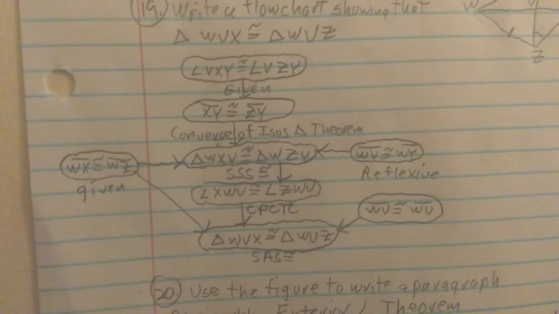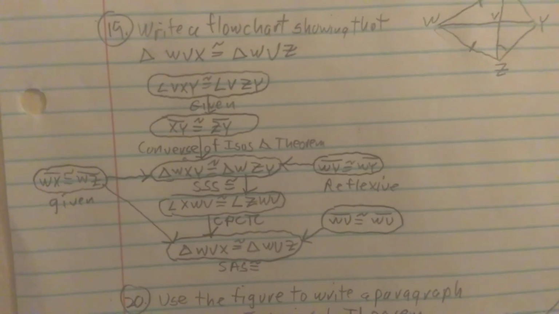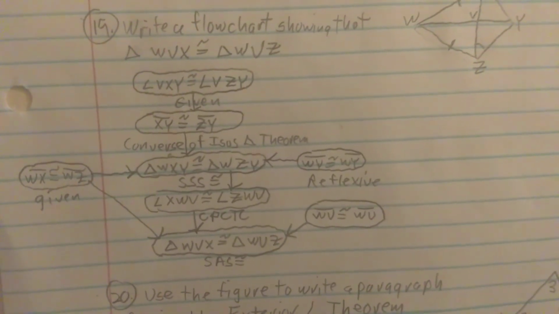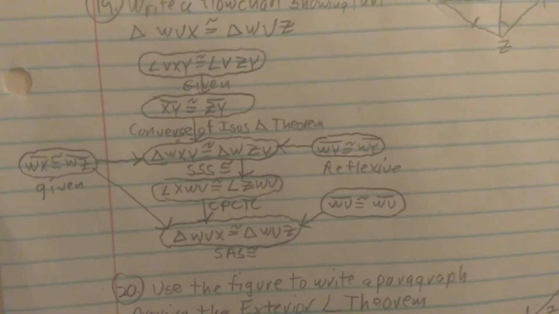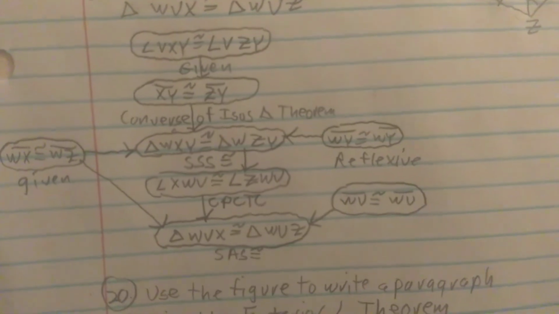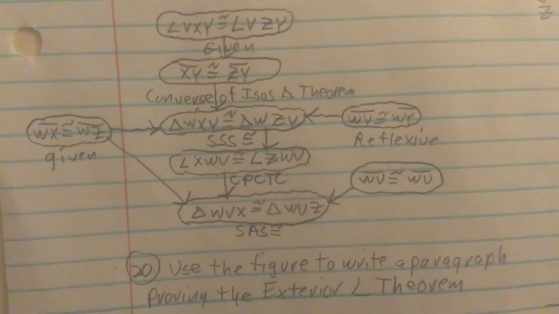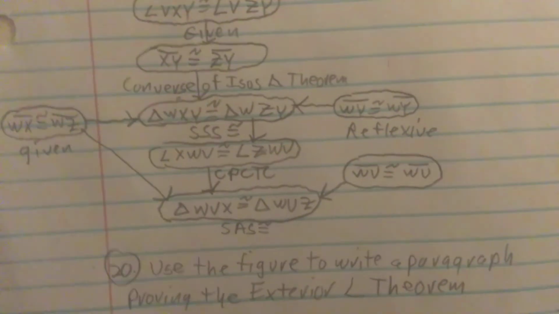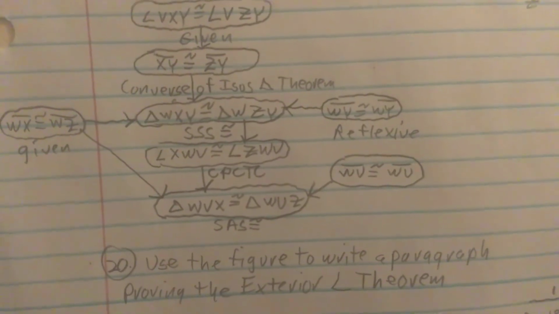And when we say WX is congruent to WZ, which is given, and WY is congruent to itself reflexive, those all feed into triangle WXY is congruent to WZY, the big triangles by side, side, side.